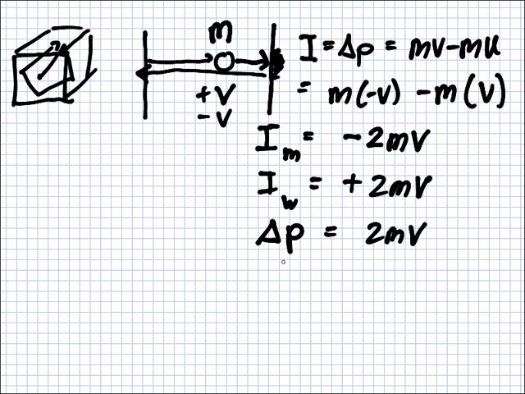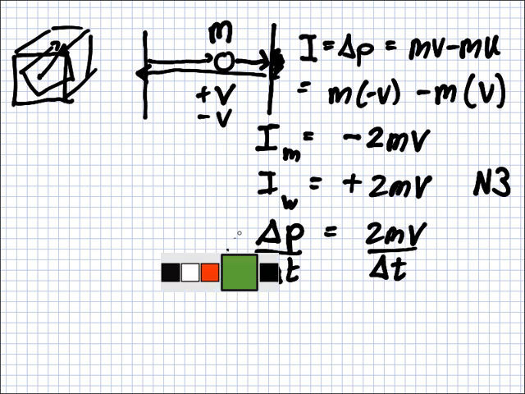What I'll do next is I'll divide both sides by delta T. Like that. Now, what does delta P over delta T equal from Newton's second law? So let me just write here. This is Newton's third law. What does Newton's second law tell us here? Force is... It's a force, isn't it?